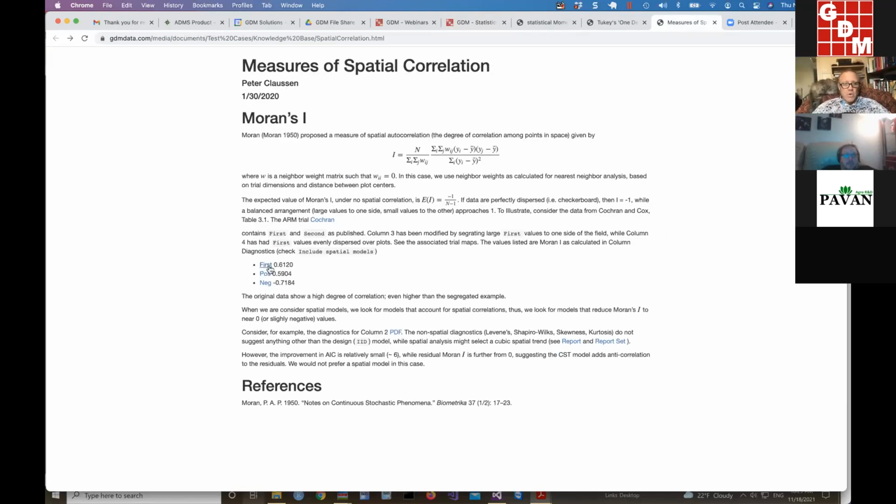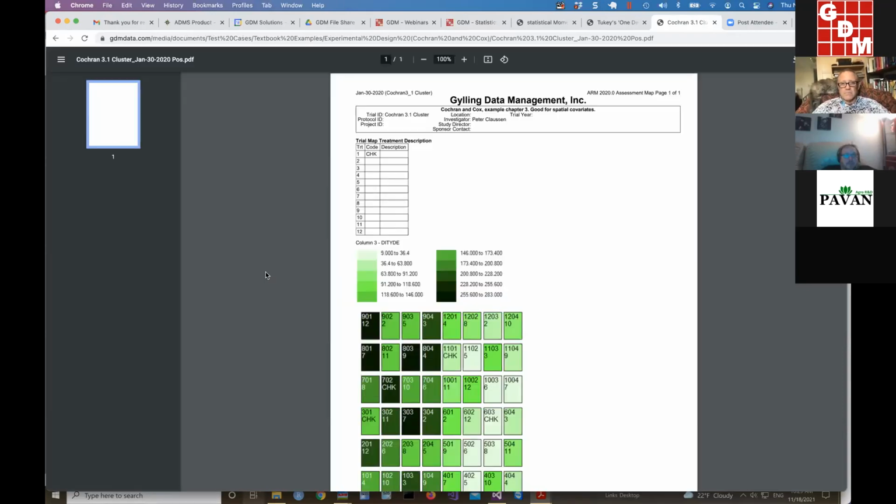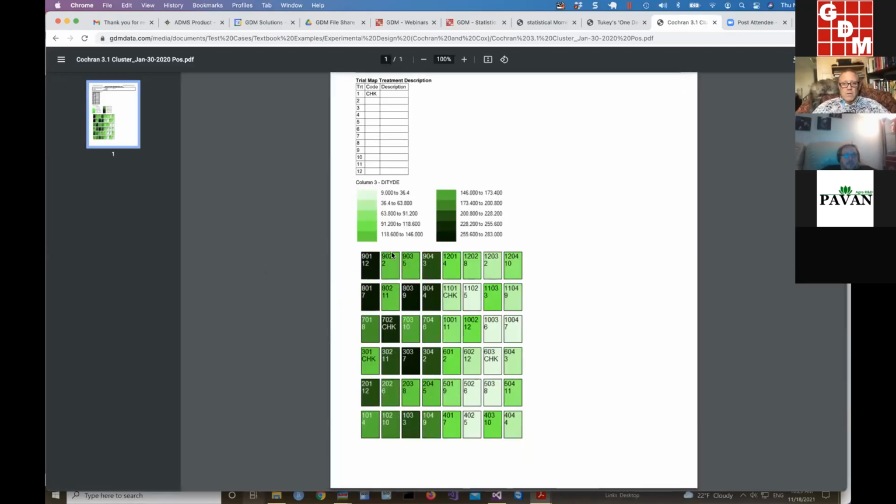And we show an example of what a positive Moran's I looks like, where all of the large values tend to be on one half of the field, and all of the small values tend to be on the other half of the field. Perfectly correlated would be basically 2 blocks of identical values. Okay. So we see that when the values are segregated within the field, it will give us a large Moran's I value.